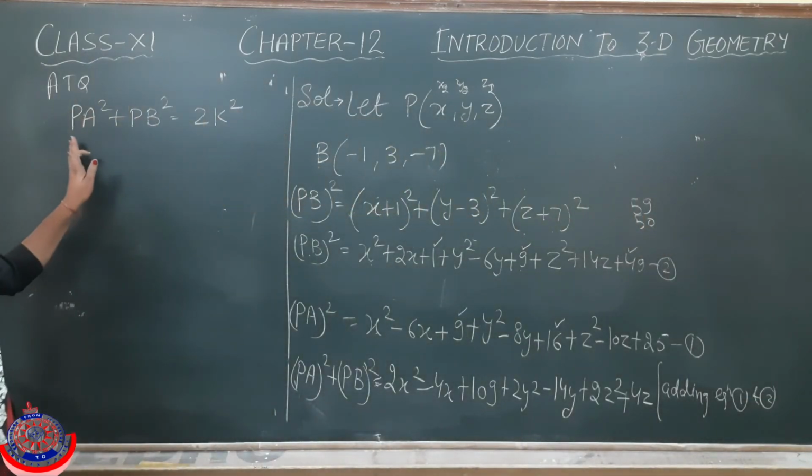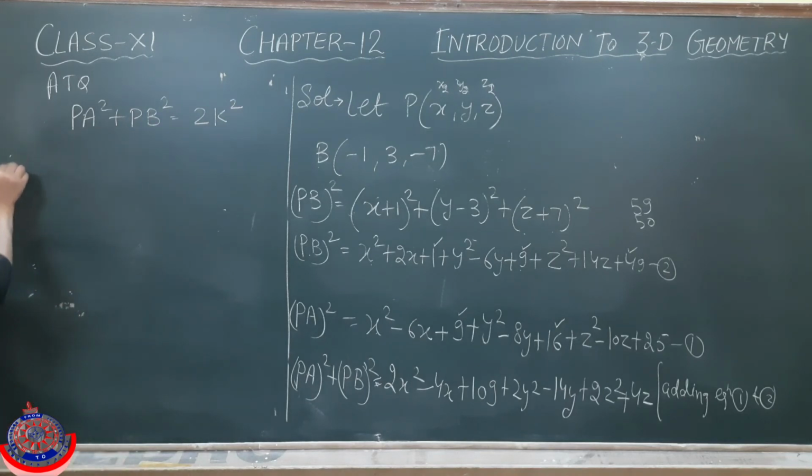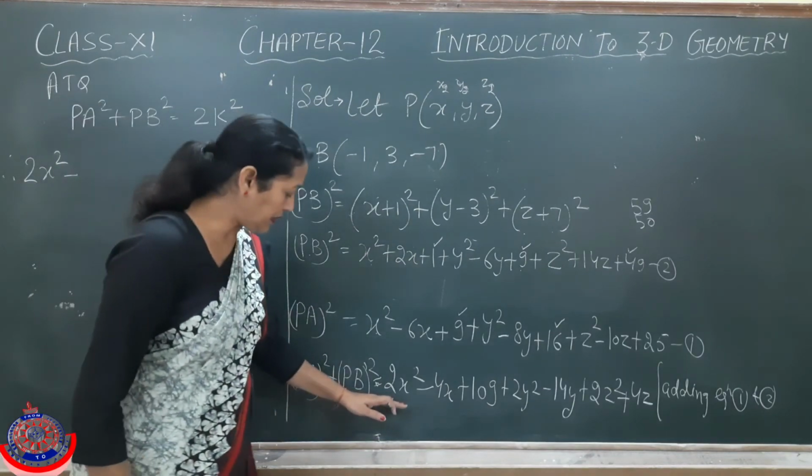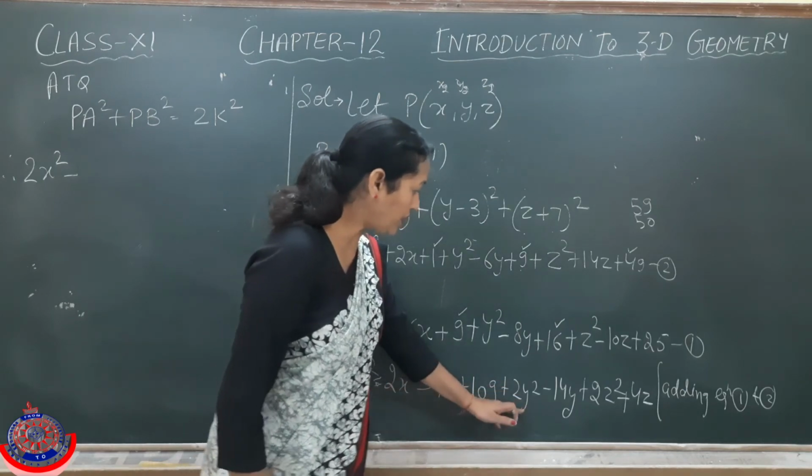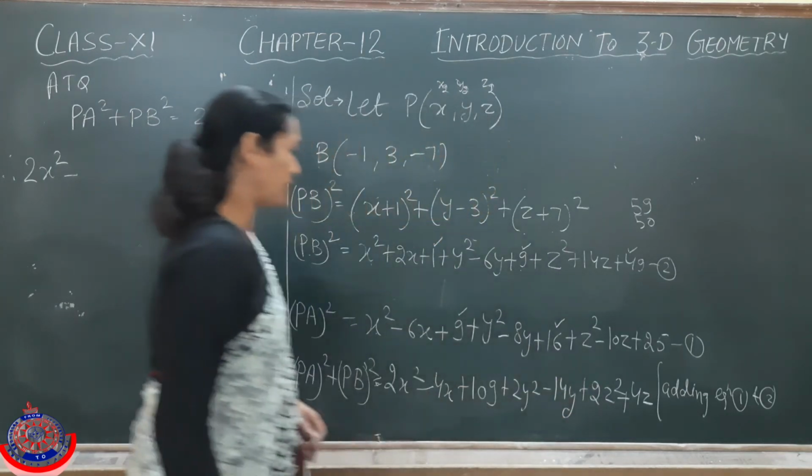Now, as we have written, according to the question, PA square plus PB square equals 2k square. Therefore, we have 2x square plus 2y square plus 2z square, keeping the square terms at the front.